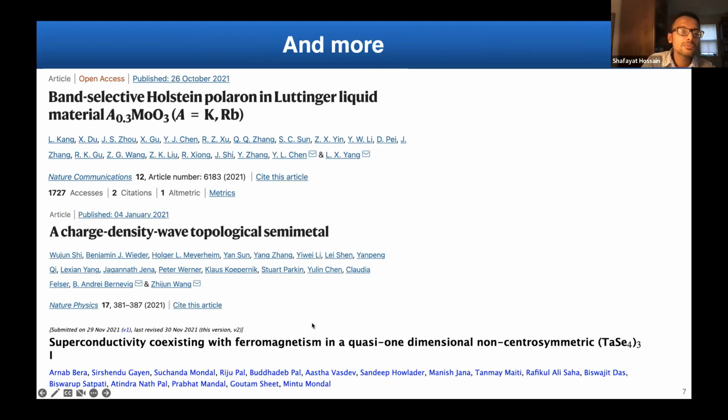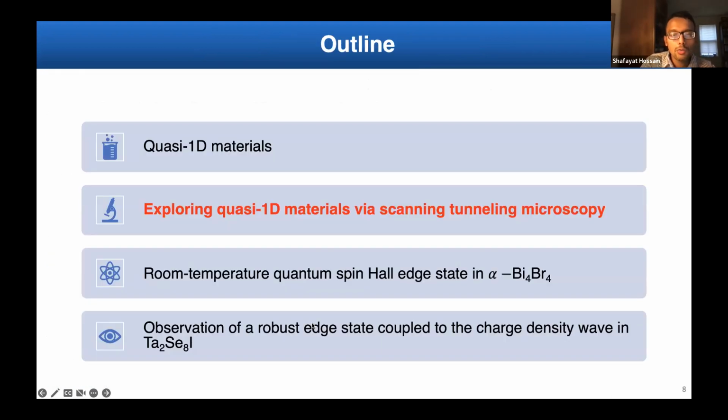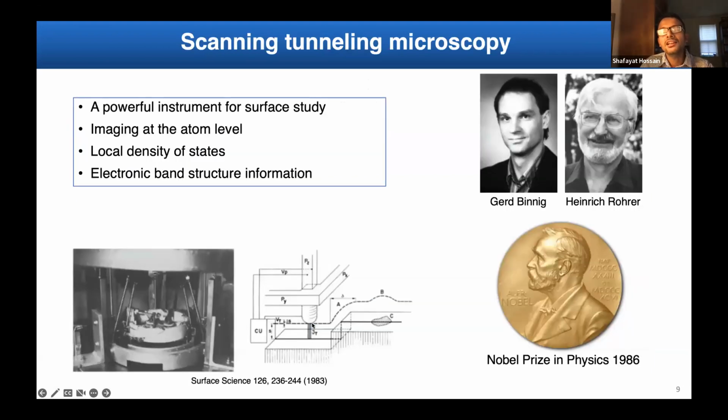To explore these materials, we resort to the scanning tunneling microscopy technique. This is a very powerful technique to study a new quantum material because it has excellent spatial resolution. One can image the atoms. It also has excellent energy resolution, which gives us information on the local density of states and also some information on the electronic band structure.